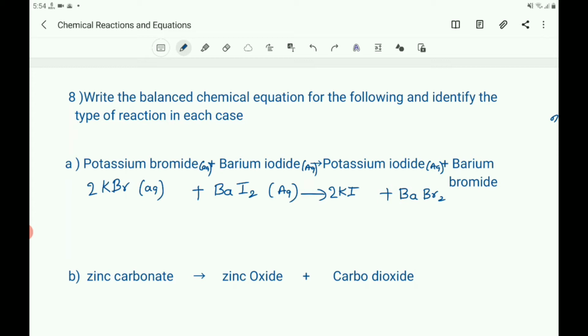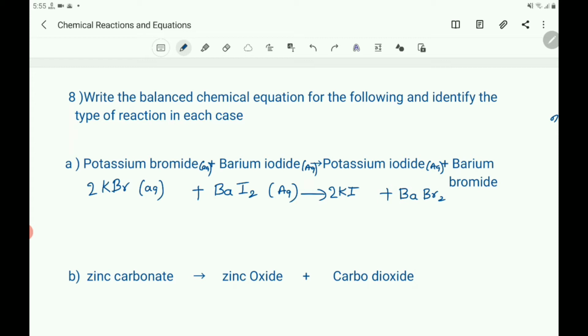And what type of reaction is it? You know that here potassium and barium are exchanged. That is, the potassium is replaced by barium and barium is replaced by potassium. Similarly, bromine is replaced by iodine and iodine is replaced by bromine.